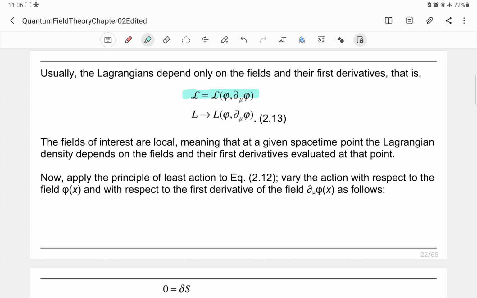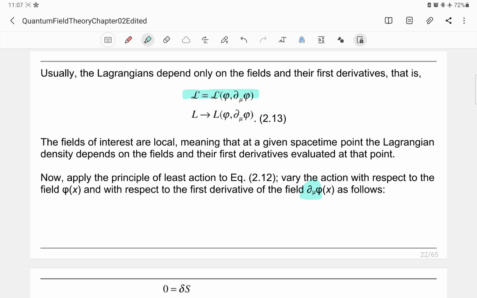So again, we vary the action with respect to the field phi of x and with respect to the first derivative. In here you have to use partial mu, since you're now dealing with space-time or a coordinate system.